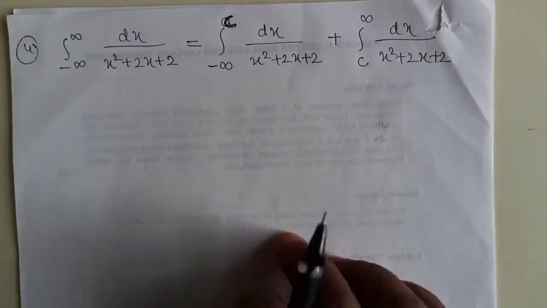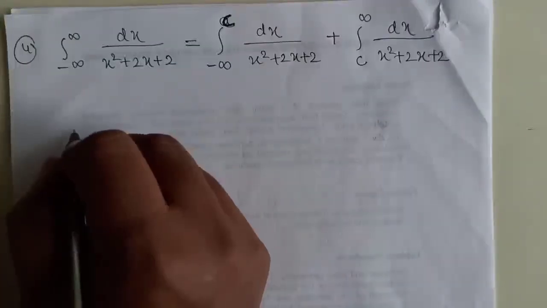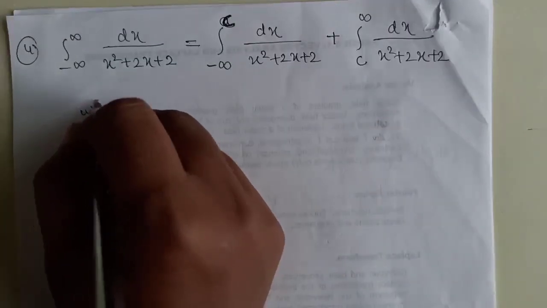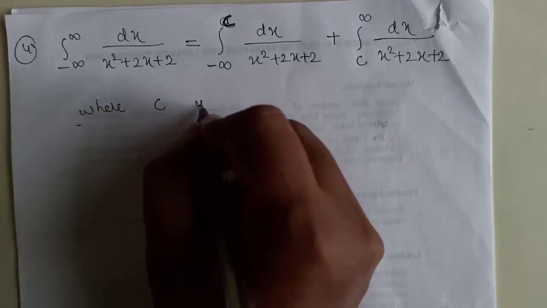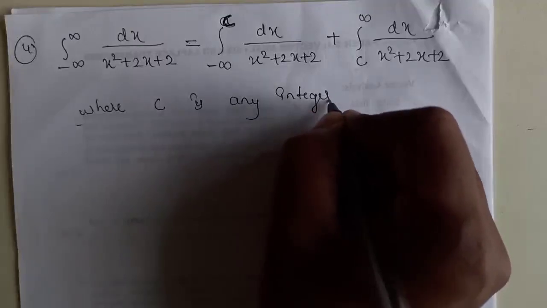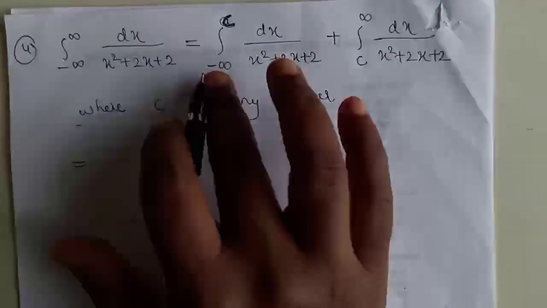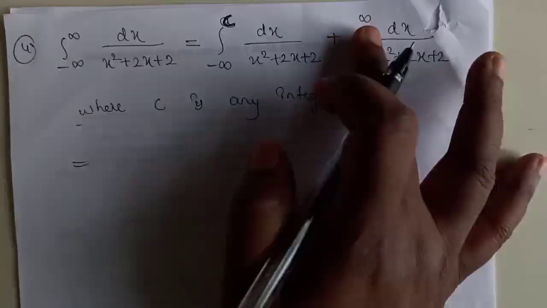Now we convert these two integrals in terms of limits, where c is any real number. Here you can see only the lower limit is infinite and here the upper limit is infinite.